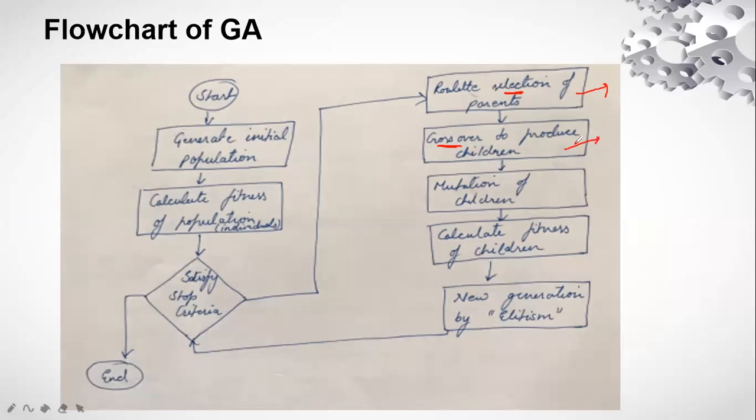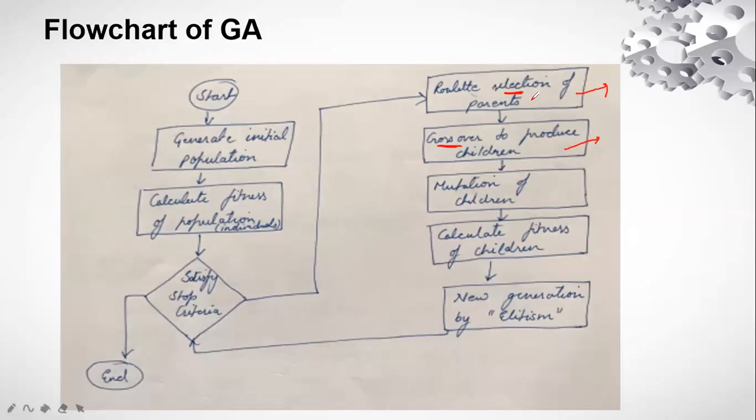And now after this selection and crossover, we are going to do the mutation over the children. Firstly, we selected the best parents, the individuals who can be the parents.